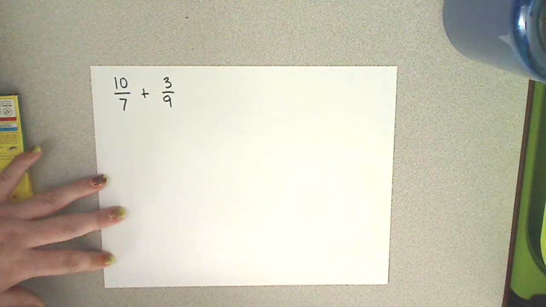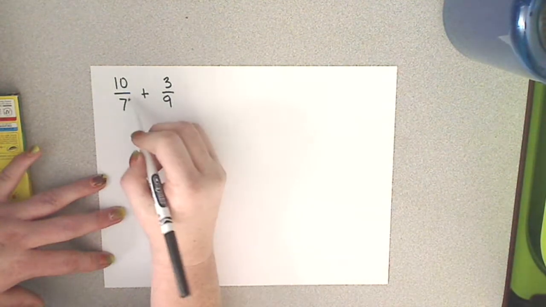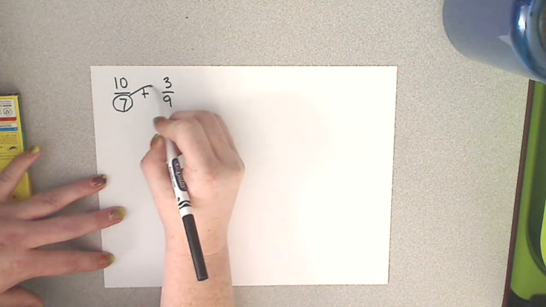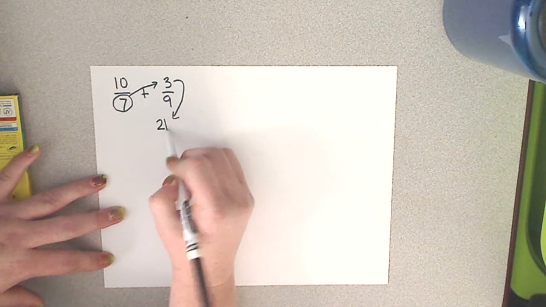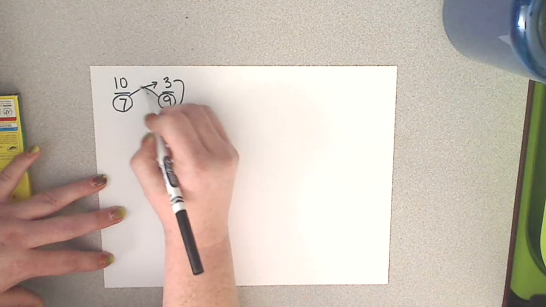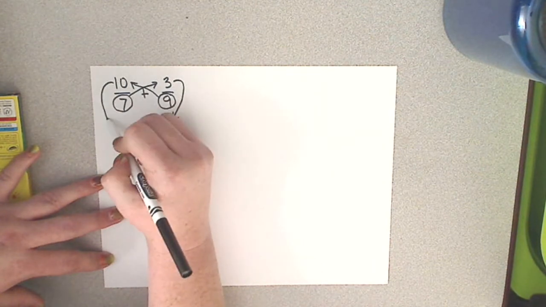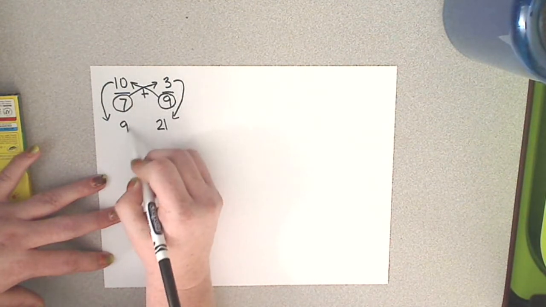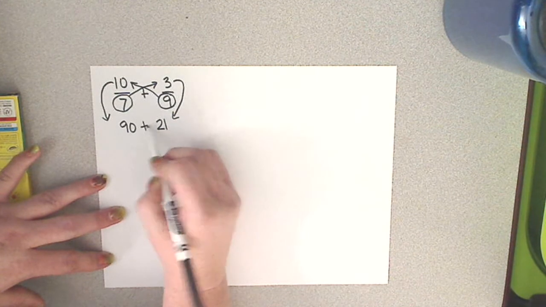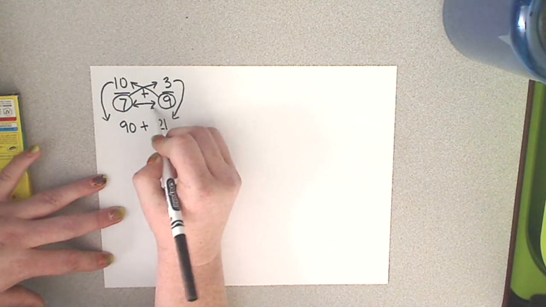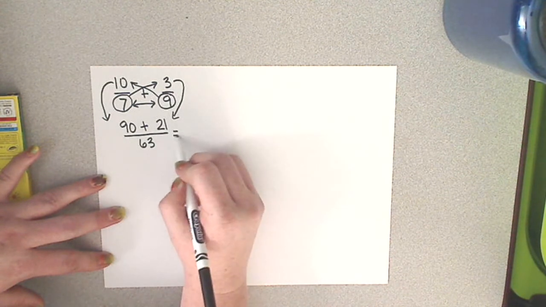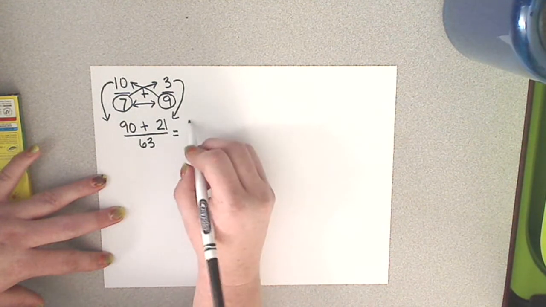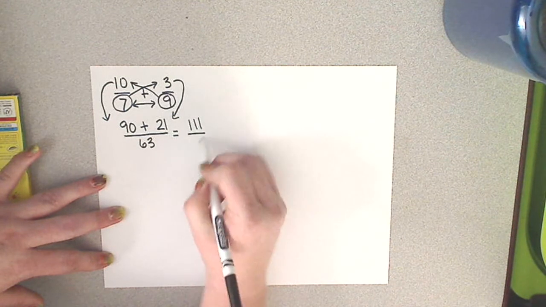So now we can go straight to solving. 7 times 3 is 21. 9 times 10 is 90. We're adding these. And then 7 times 9 is 63. 90 plus 21 is 111.